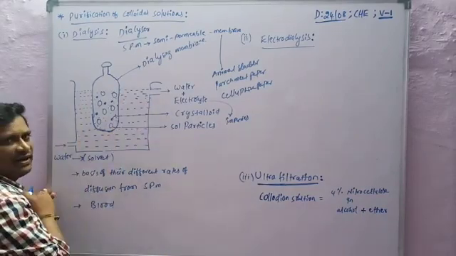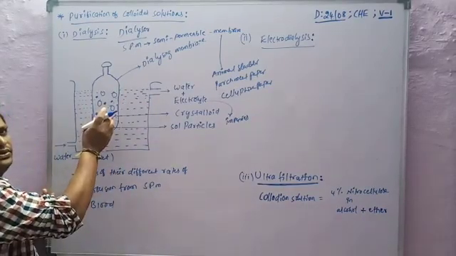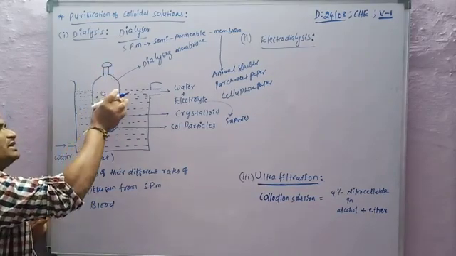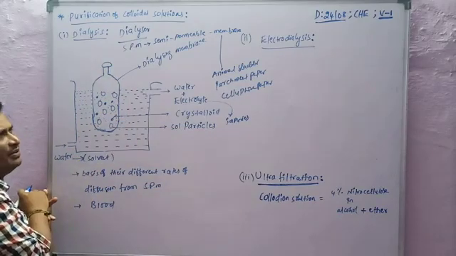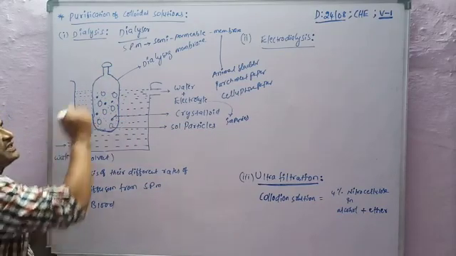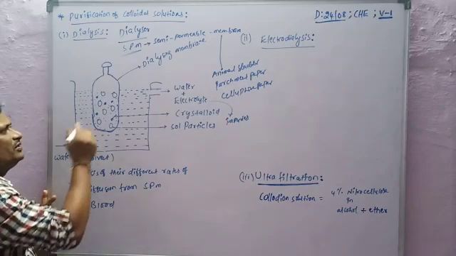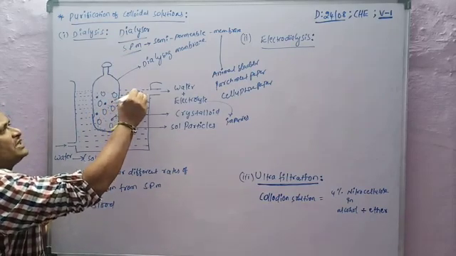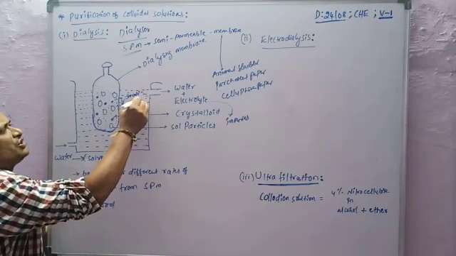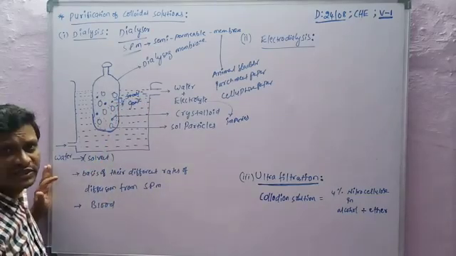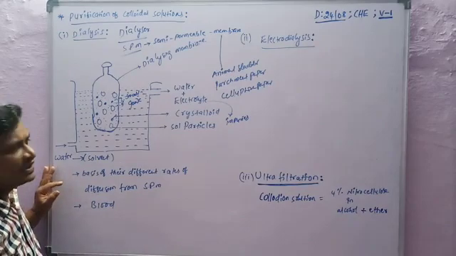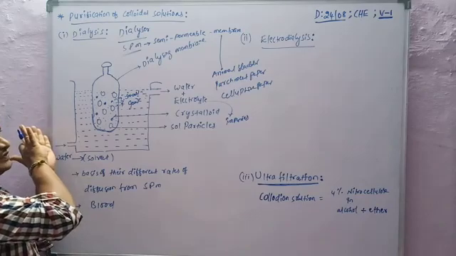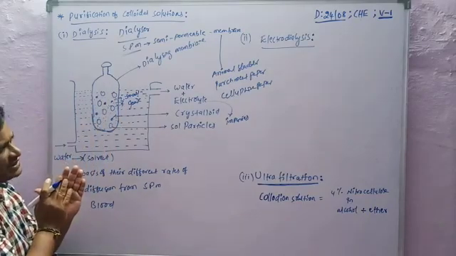Let us consider water. The colloidal solution apparatus is suspended in water, and this apparatus is covered with a semi-permeable membrane. What is the function of the semi-permeable membrane? It allows small size particles or ionic charged particles to pass from the colloidal solution to the water solvent.